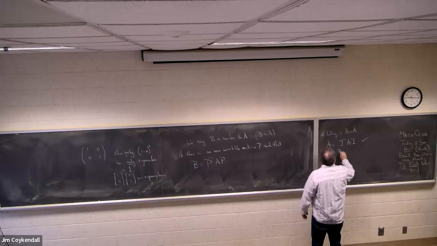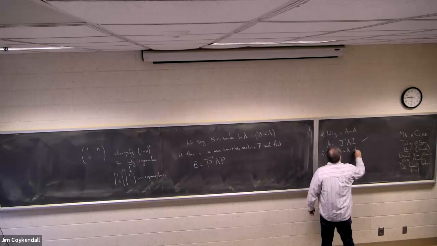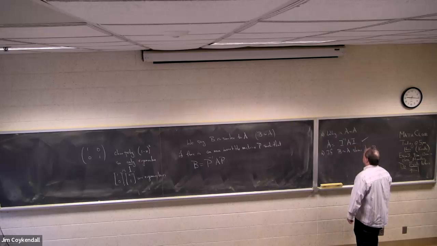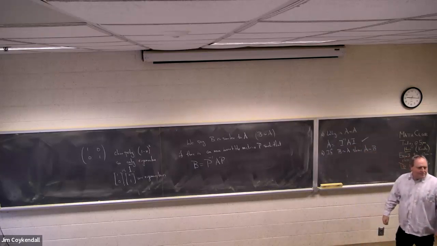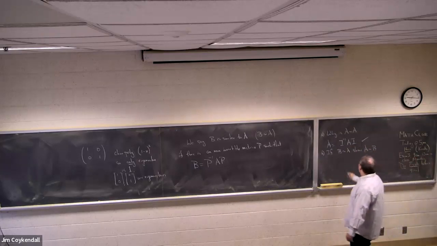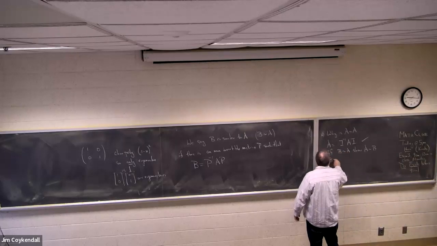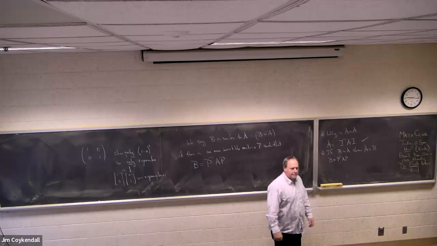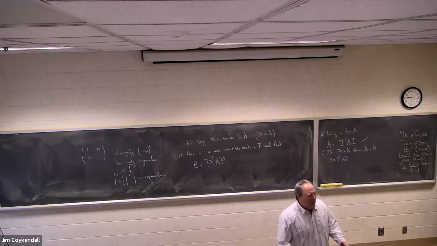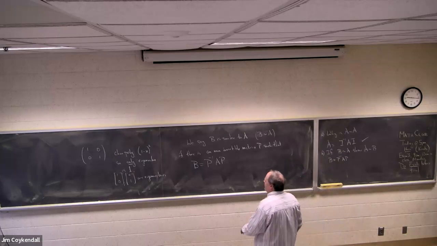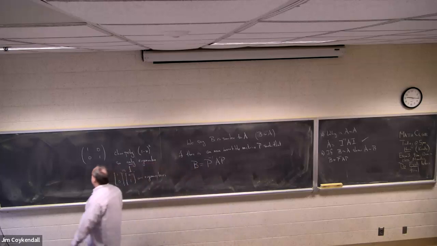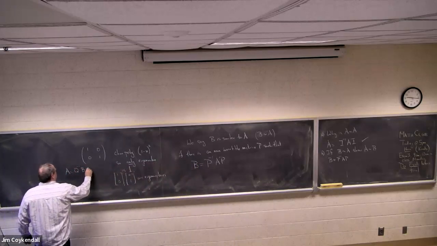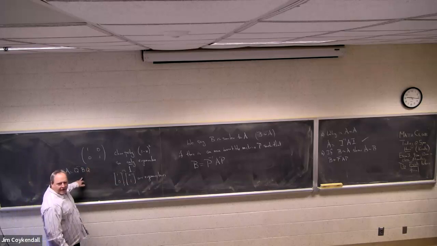If B is similar to A, show A is similar to B. B is similar to A means this, but now I've got to write A. That's what the burden is, right?